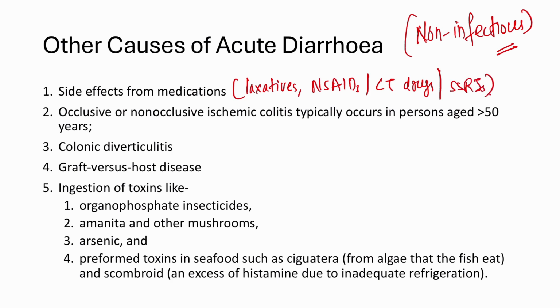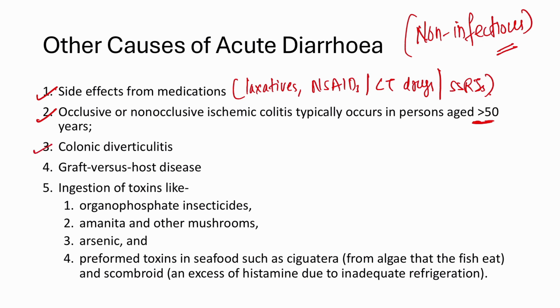They can cause acute diarrhea. Second is the occlusive or non-occlusive ischemic colitis, which occurs in persons aged more than 50 years, right? This is a surgical cause.